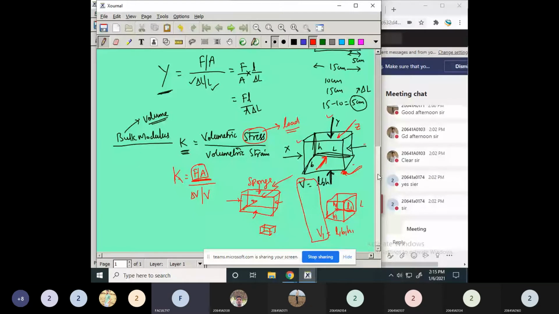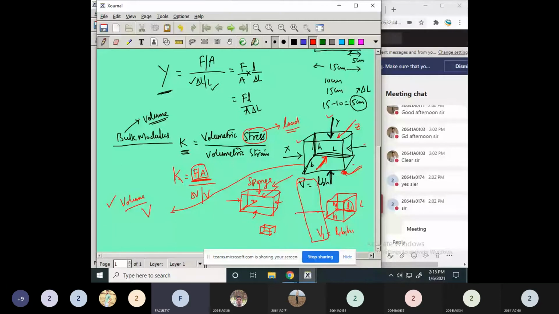Now here is one important point you need to consider. Let me do one thing. The initial volume, consider it as V. The initial volume is higher. Now due to the application of the volumetric stress, what happens? The volume is getting reduced.